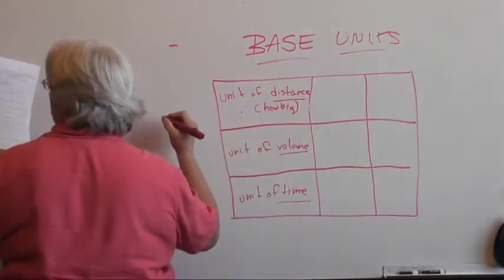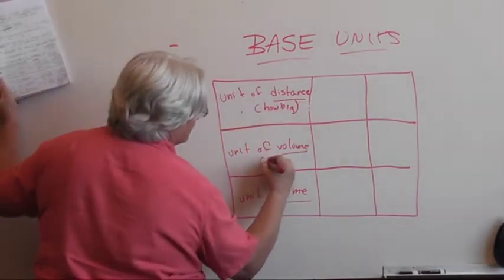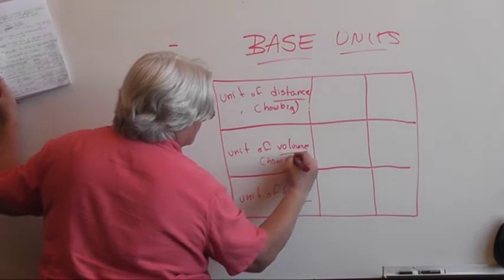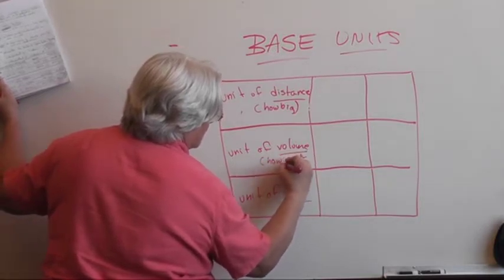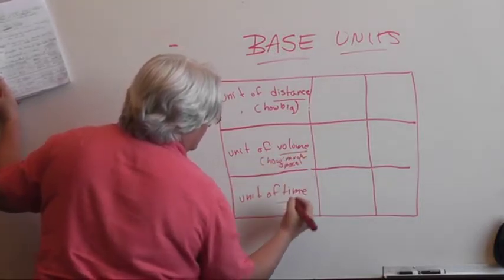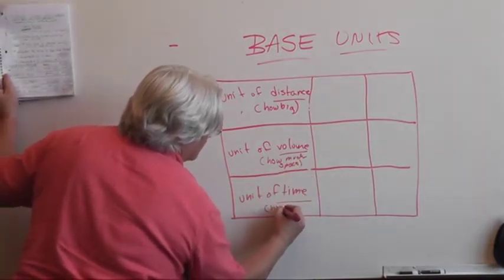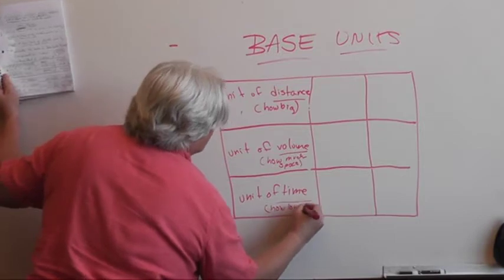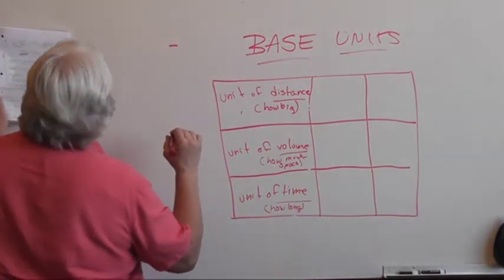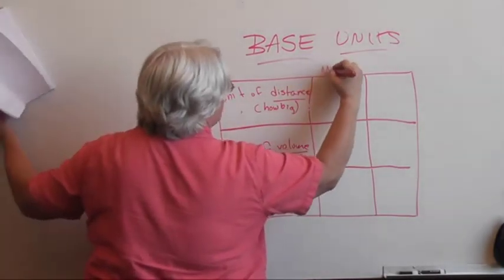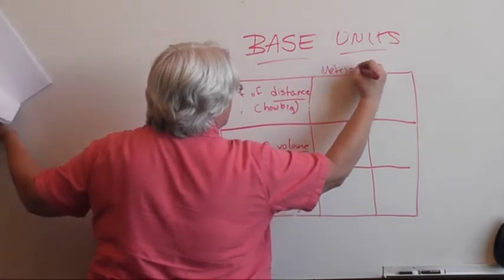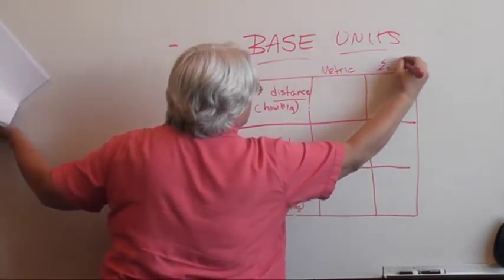Volume refers to how much space something takes up. And time refers to how long. And once again, we're going to have our metric system, and we're going to have our English system.